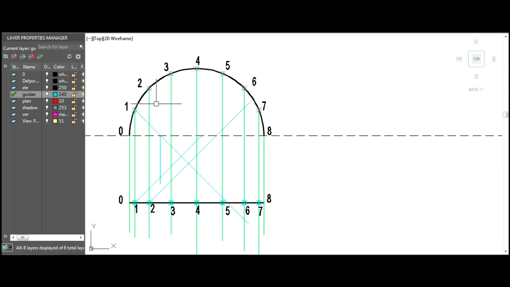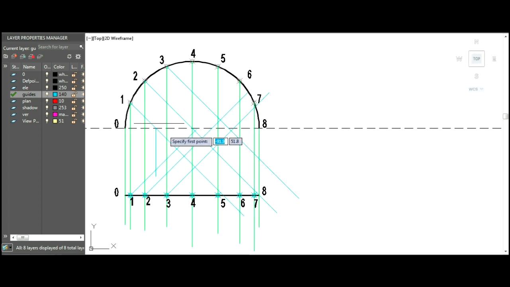Right, 2. I'll just copy this from 2 to 3, and this as well as this. Okay, so then find where 2 is intersecting.